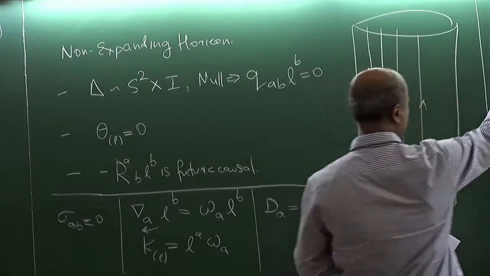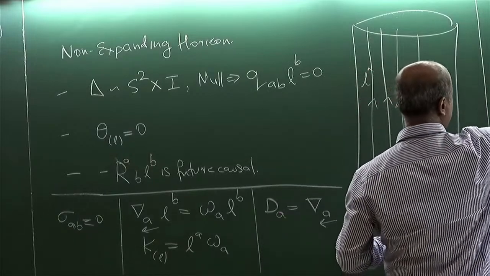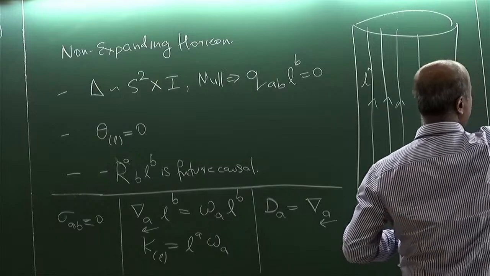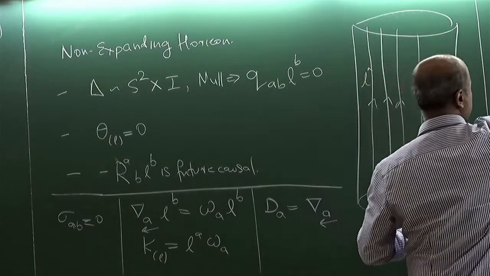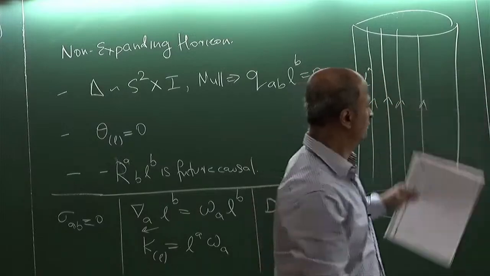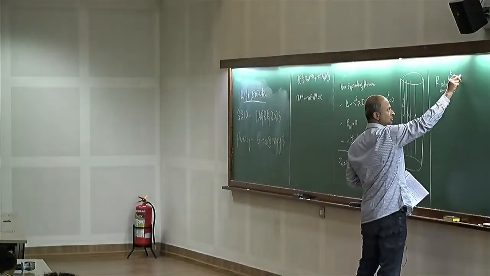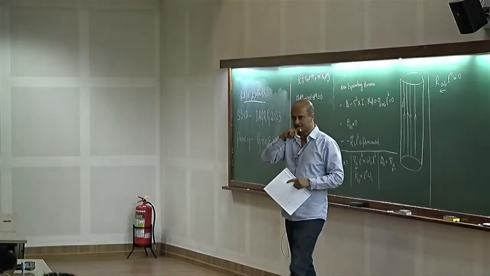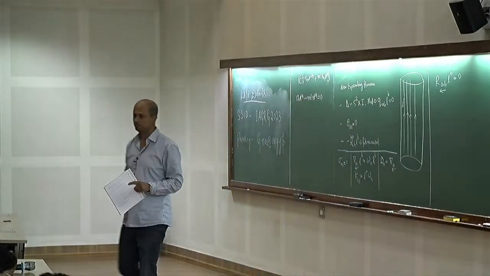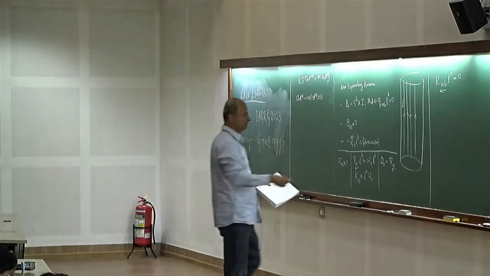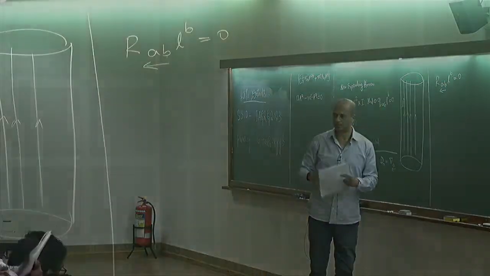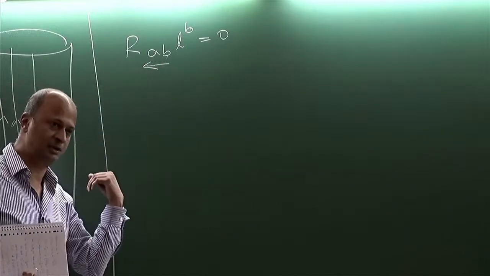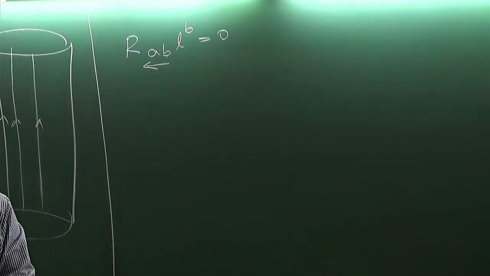The first one is simply that R_AB L^B, with the pullback of the free index, well, pullback of B is irrelevant because that is contracted with L, which is always tangent. This, as it turns out, is always 0. So the components of the Ricci tensor with one index contracted with the null normal and all the other indices restricted to the horizon, they all vanish.